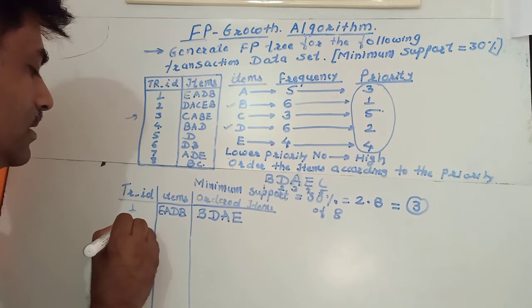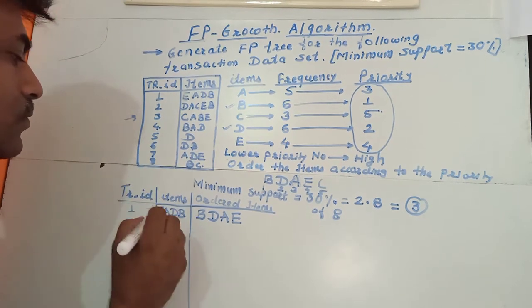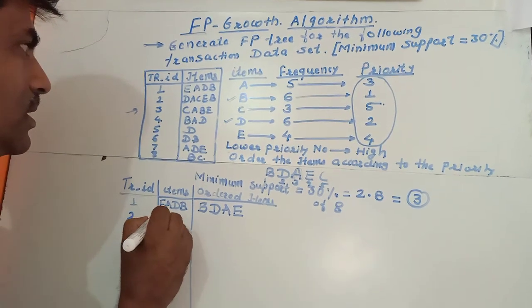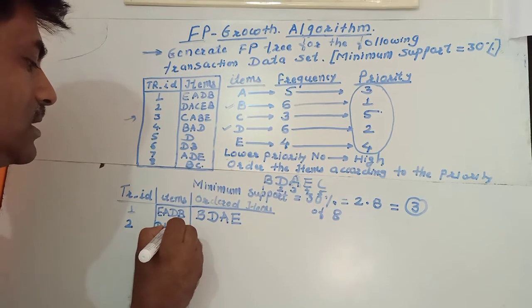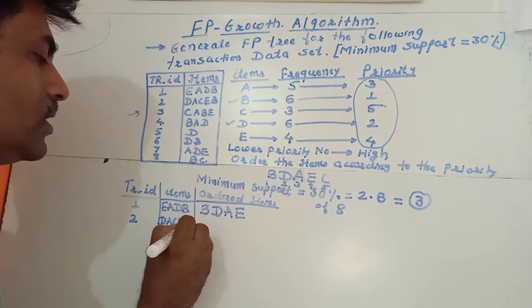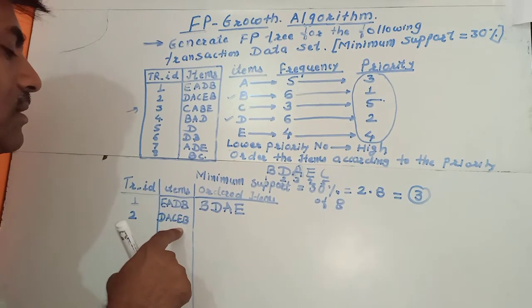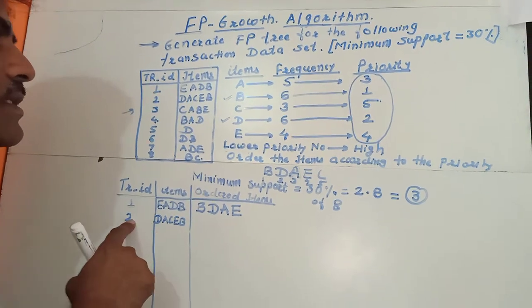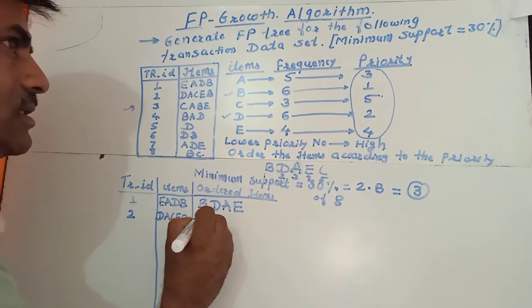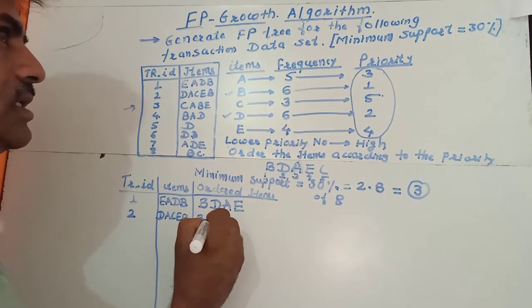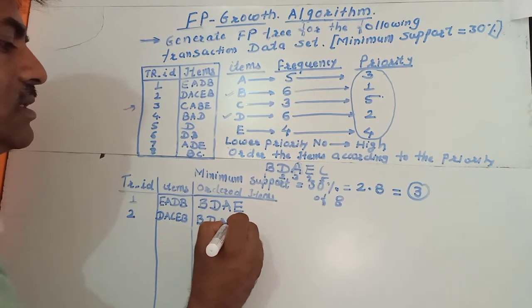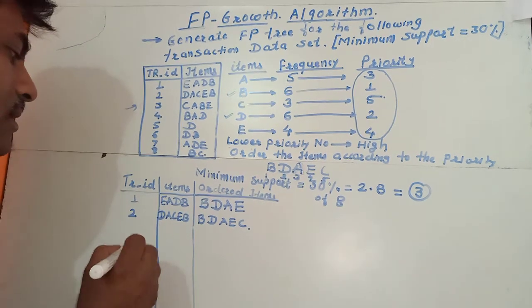Similarly, in transaction ID 2 we have the data items D, A, C, E, B, right? So now let us once again change the order of the data items. B has the highest priority, then comes D, then A, then E, and then C, right?